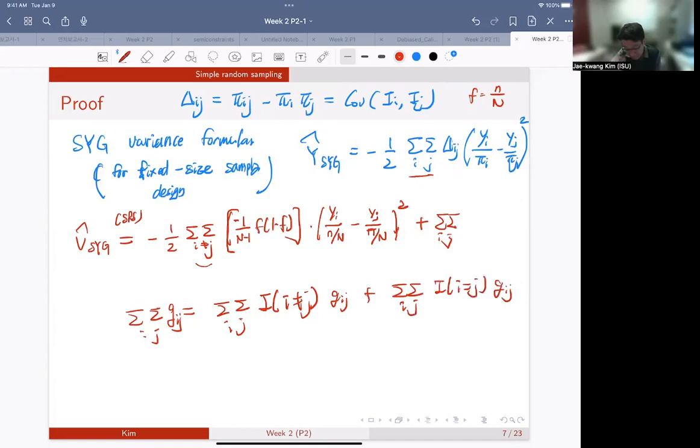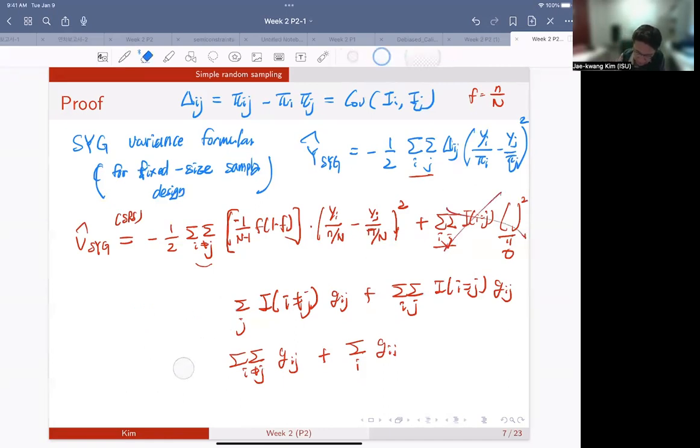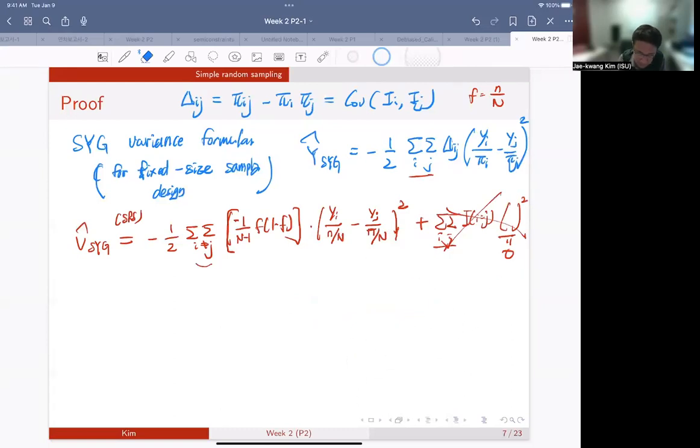Then this event can be written as Gii. If i equals j, then the square term is equal to 0, since they are equal, so you don't have to worry about that.